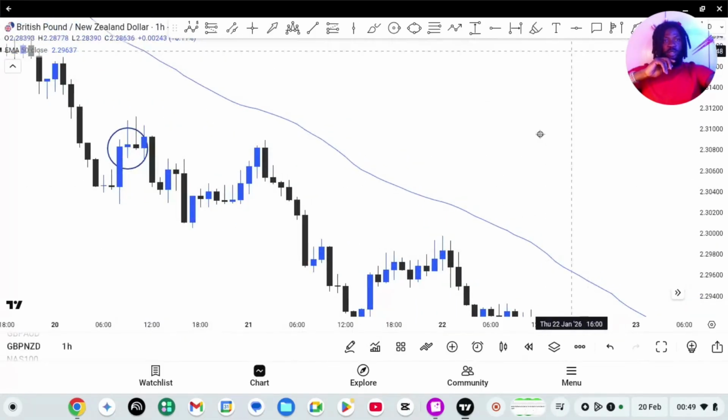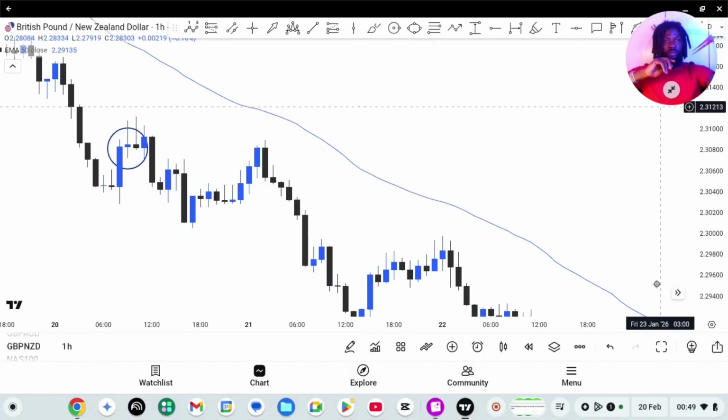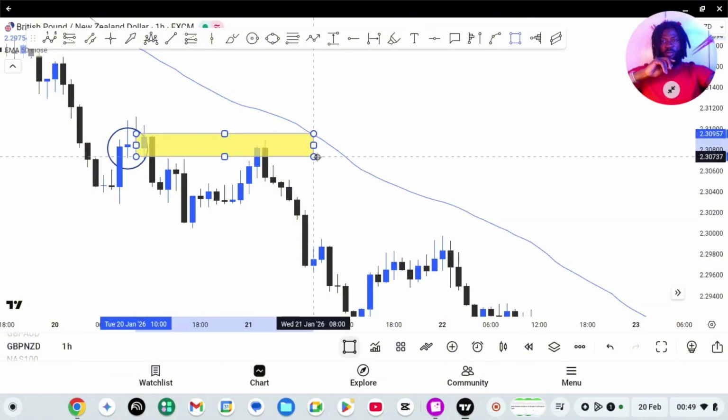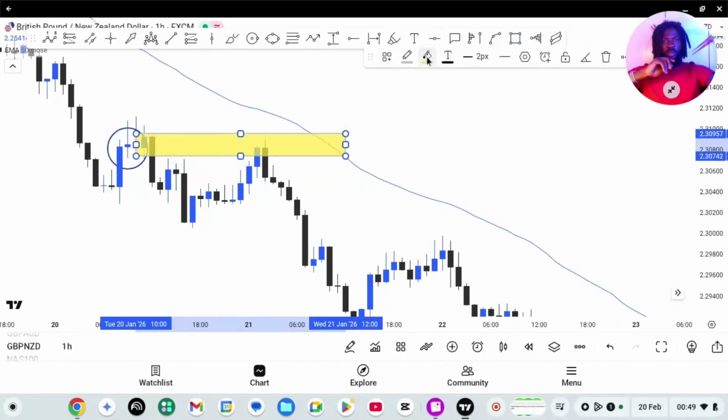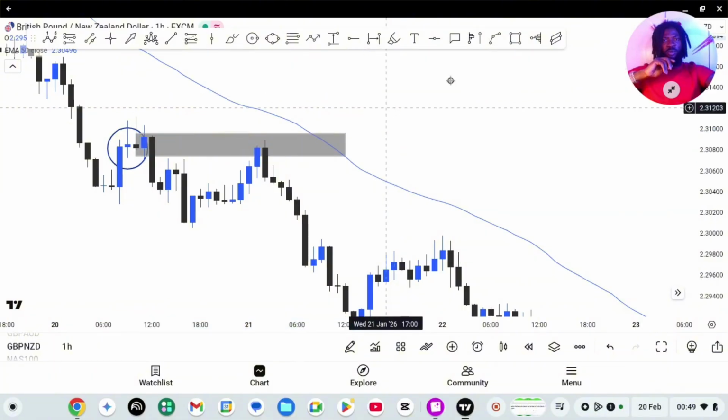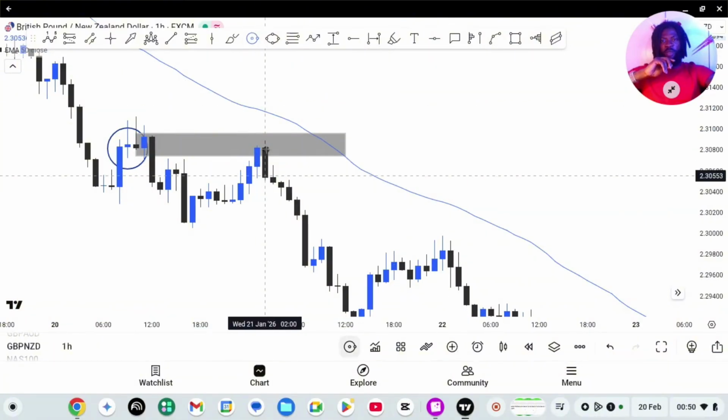Now, as you can see, next to it, at this order block there, we also have a very strong engulfing candle.